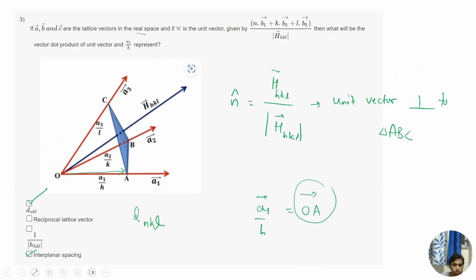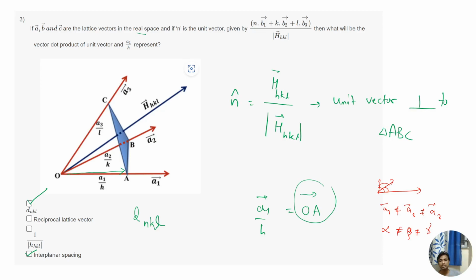So a triclinic structure is this, where a1 need not be equal to a2, need not be equal to a3, and the angles between these three also need not be the same.